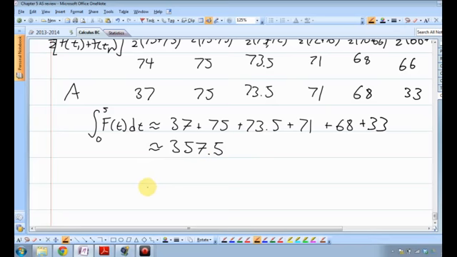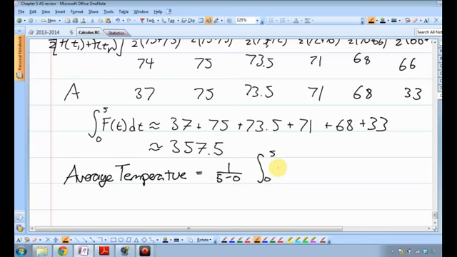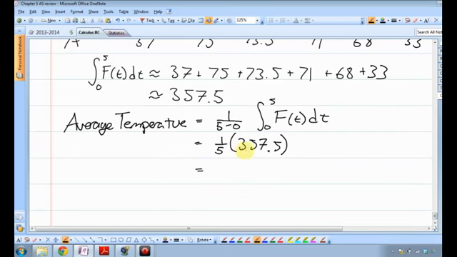The average temperature is equal to 1 over 5 minus 0 times the integral from 0 to 5 of f(t) dt, which ultimately is 1/5 of 357.5, which is 71.5 degrees Fahrenheit, yes.